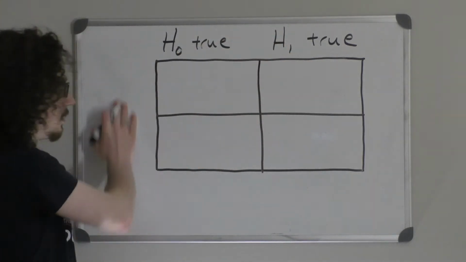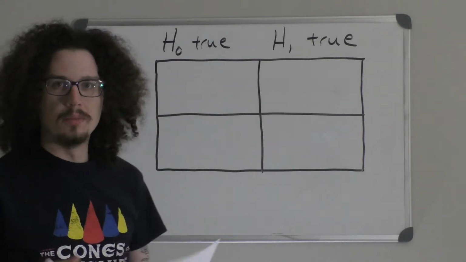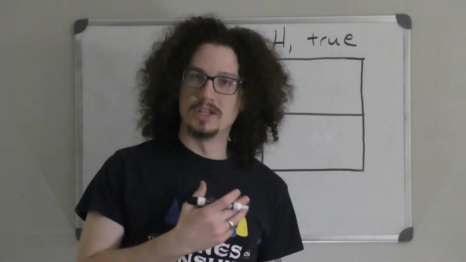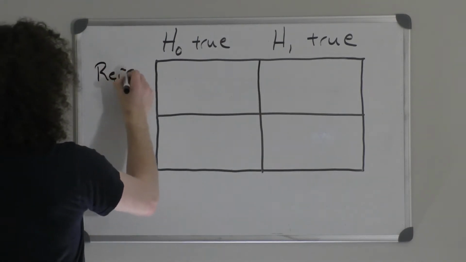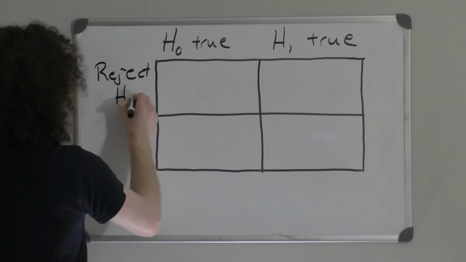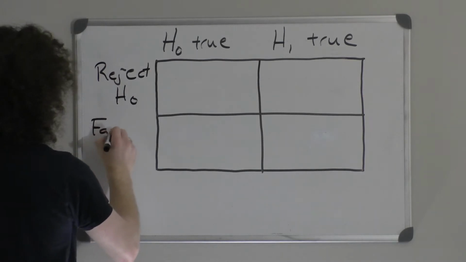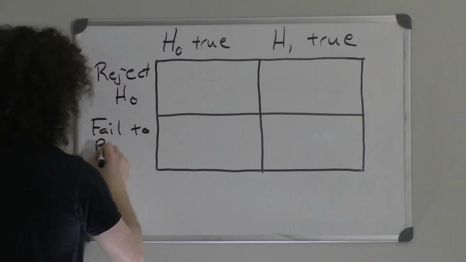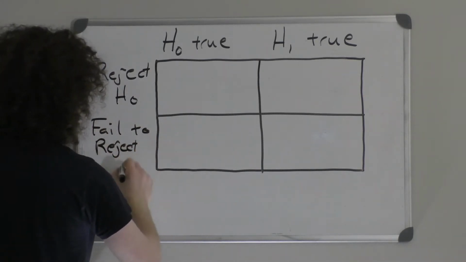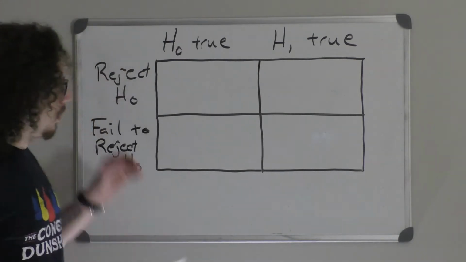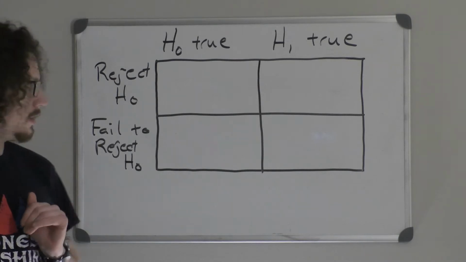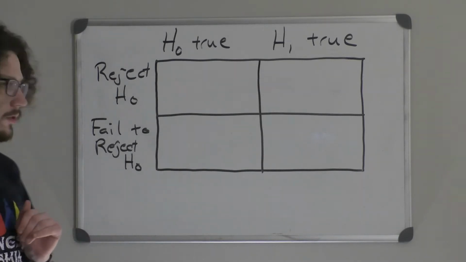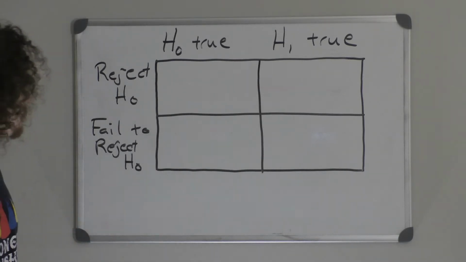Over here, the rows are going to be our decision or our conclusion. So the top row is where we reject the null hypothesis. The bottom row is where we fail to reject the null hypothesis.